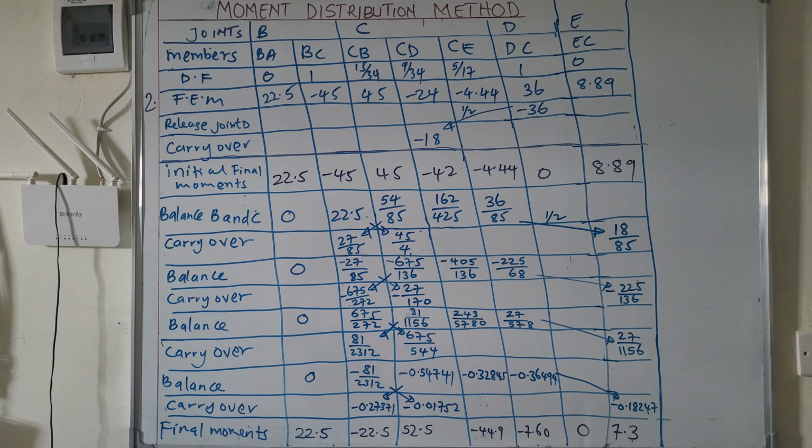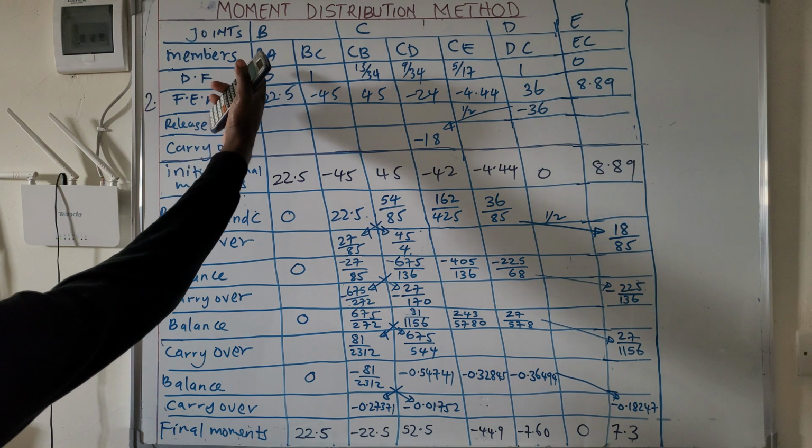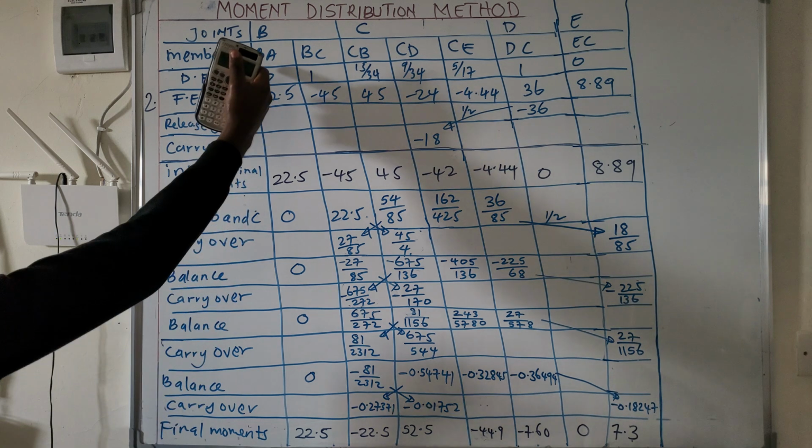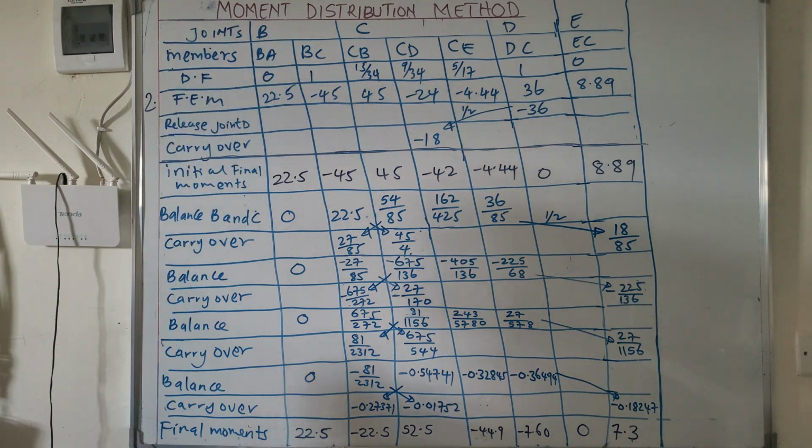You always take the opposite sign of your answer, so the opposite of negative is positive. You will take positive 22.5 and distribute to each member, BA and BC.